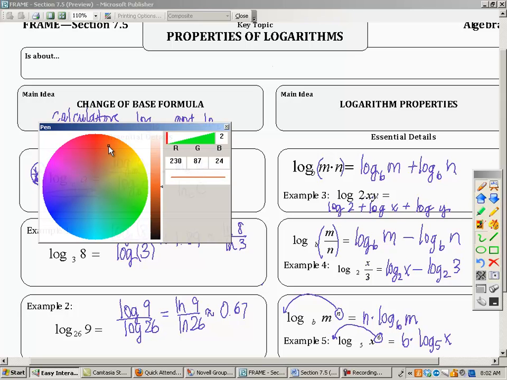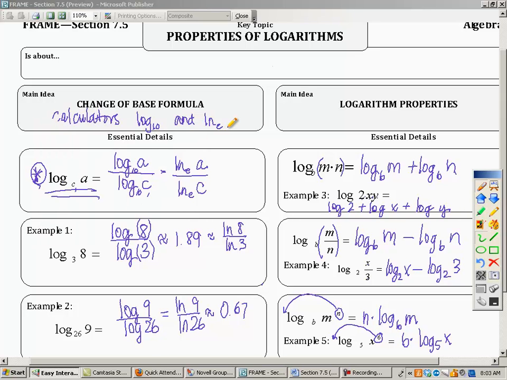Okay? Now, let me change colors again. I want to talk to you about them in terms of their names. Multiplication means it's the product property. Okay, product means multiply. Division is the quotient property.